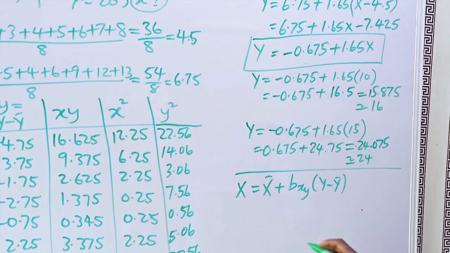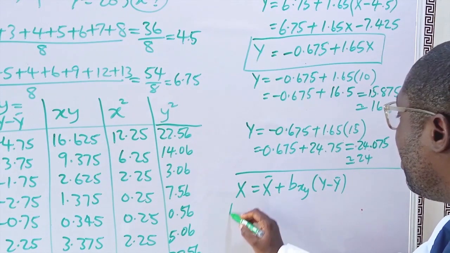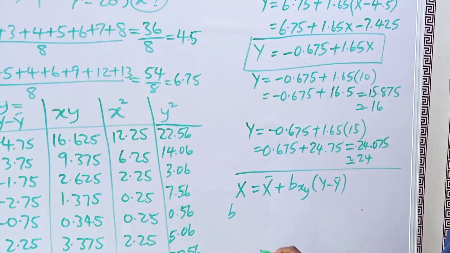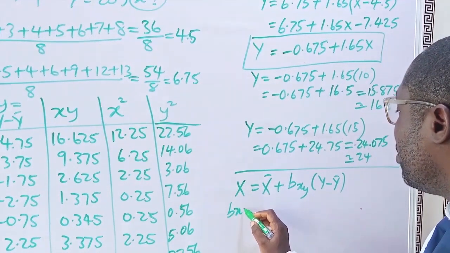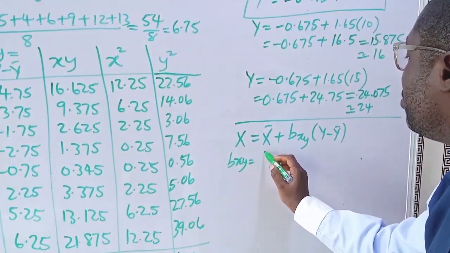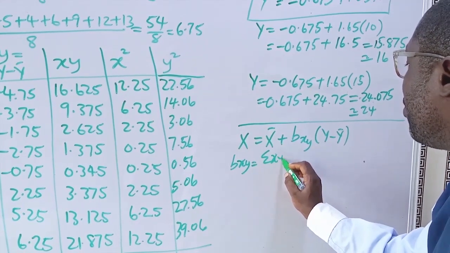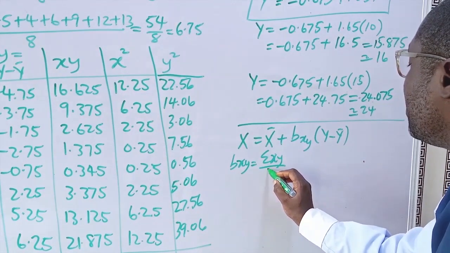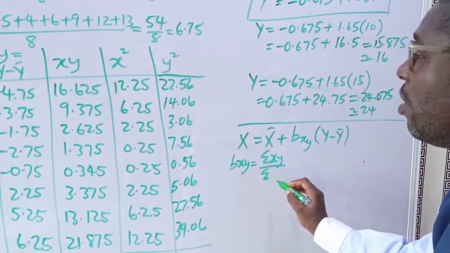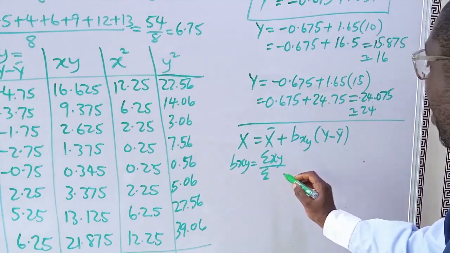To get our beta, the rate of change, it is the summation of xy over the summation of y squared.